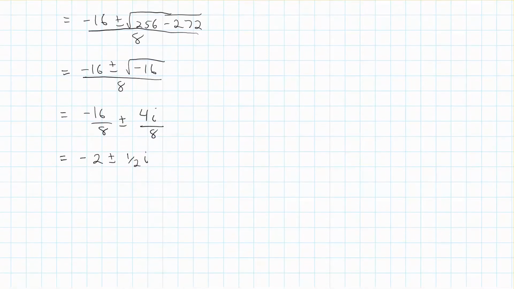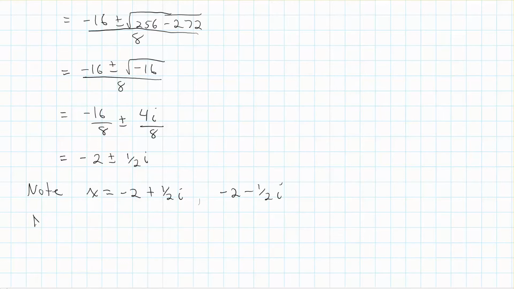Now, one thing to note here is that we have two solutions, negative 2 plus 1/2 i, negative 2 minus 1/2 i. And we should notice that these have something in common. These are complex conjugates.